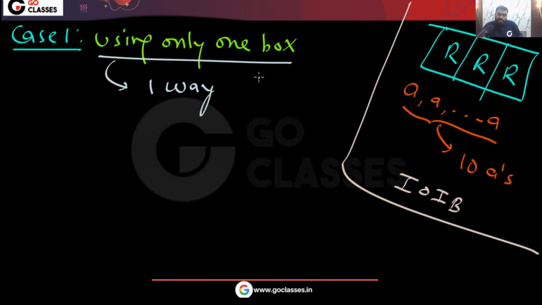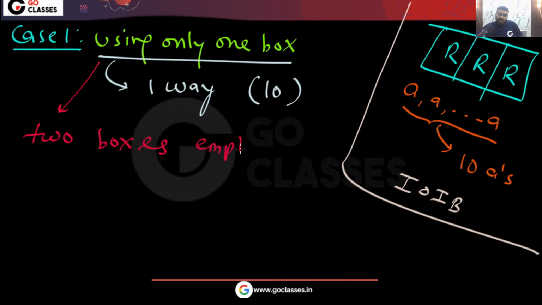That way is basically that all the 10 objects go into one box. But you can see in this case, two boxes are empty. But that is not allowed. The question is saying so, so this case we don't have to consider.